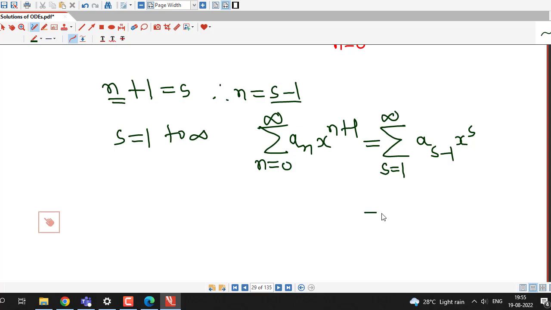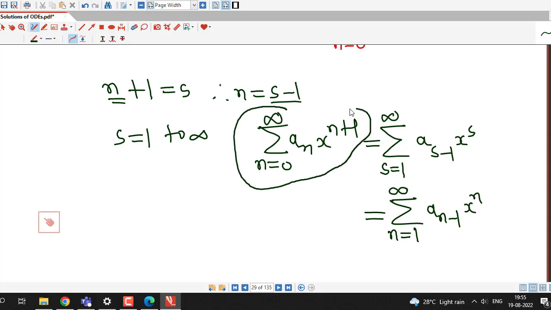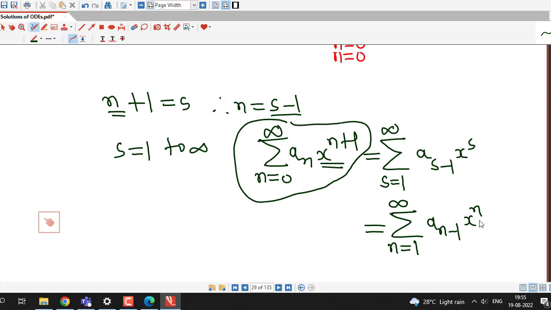And because this s is dummy index, we can replace s by n also. So n is from 1 to infinity, a suffix n minus 1 x raised to n. So I have converted this summation from x raised to n plus 1 to x raised to n.